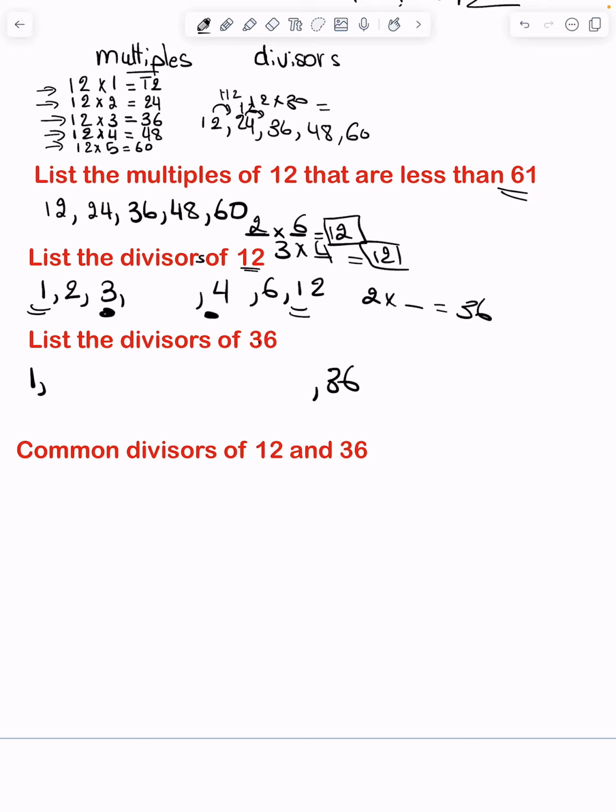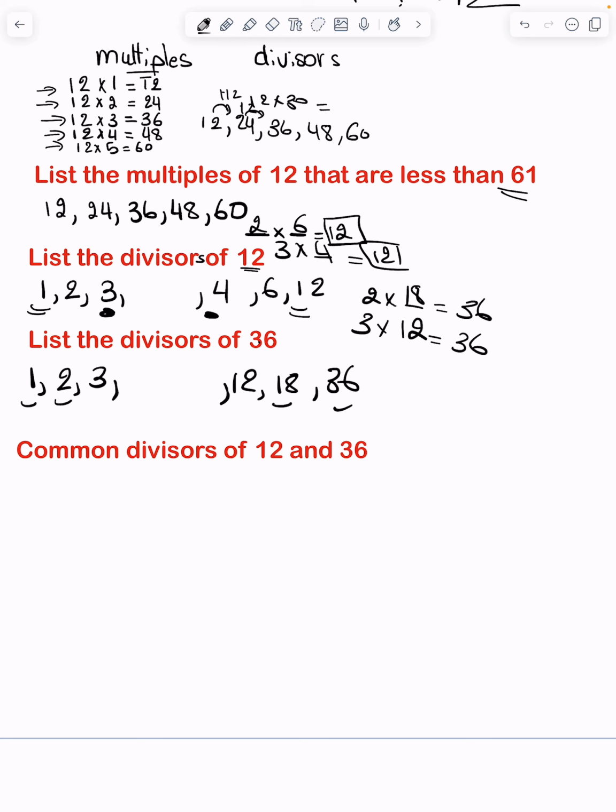Yes, 2 times 18 is 36. So you put 2 here and 18 here. What about 3? 3 times what gives you 36? 3 times 12. So you put 3 here and 12 here.